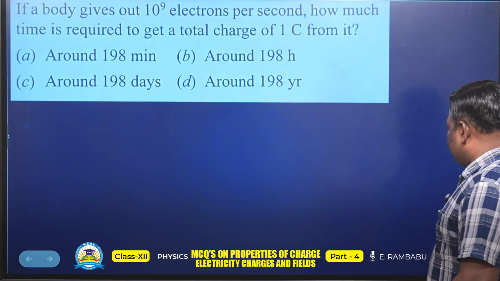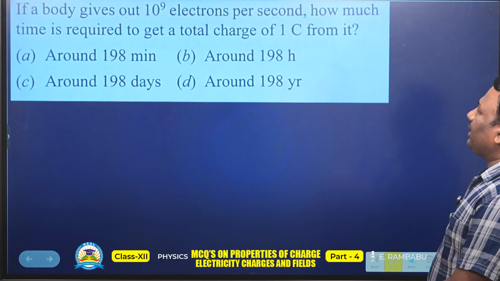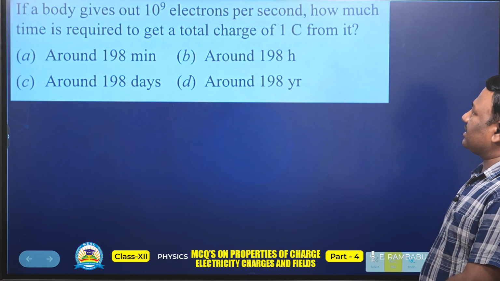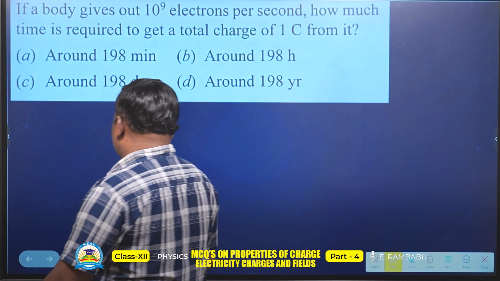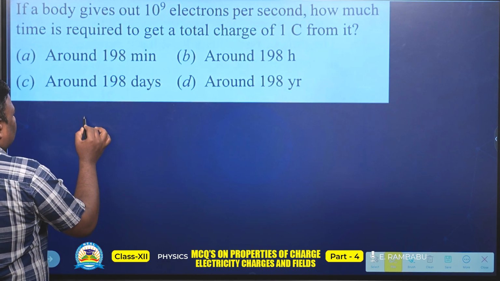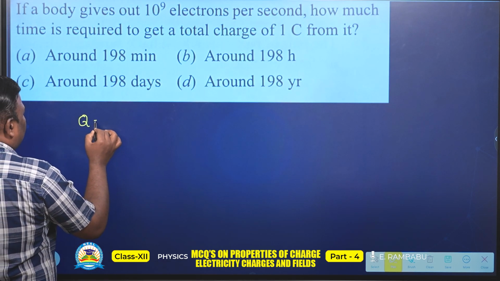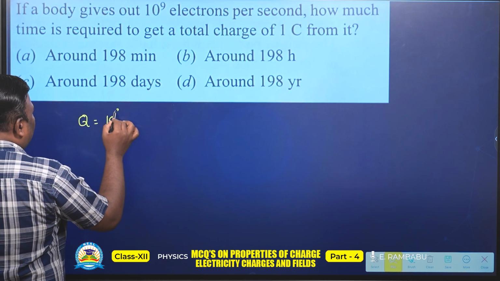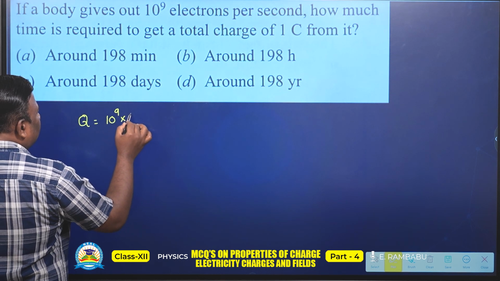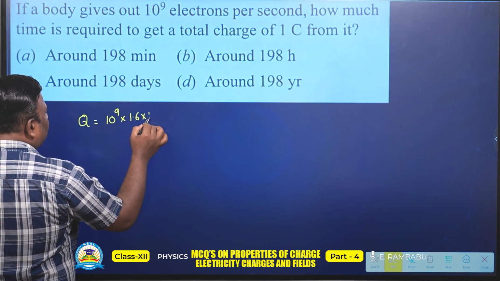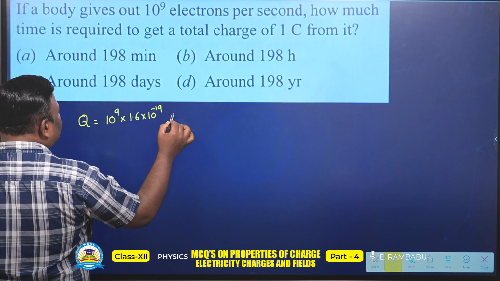If a body gives out 10 to the power 9 electrons per second, the charge per second is 10 to the power 9 into 1.6 into 10 to the power minus 19.